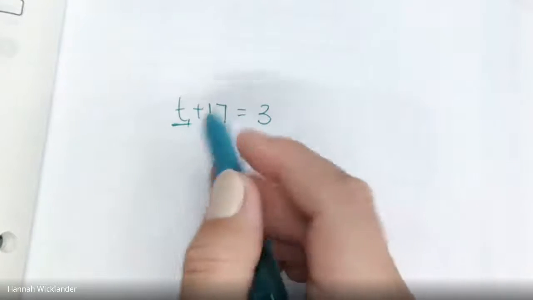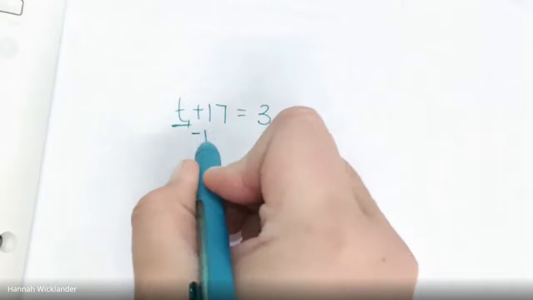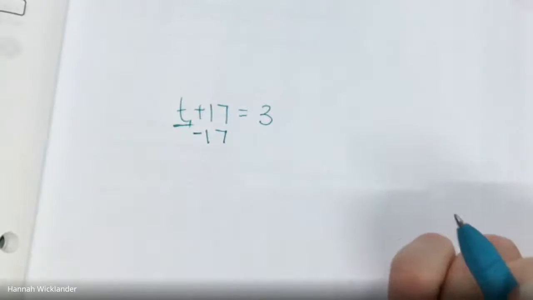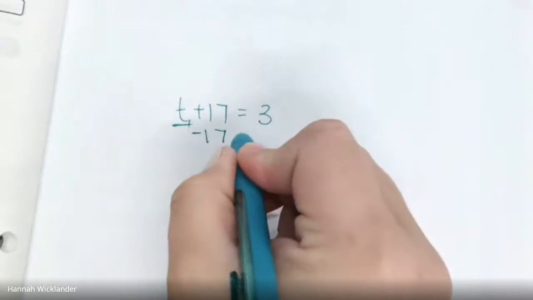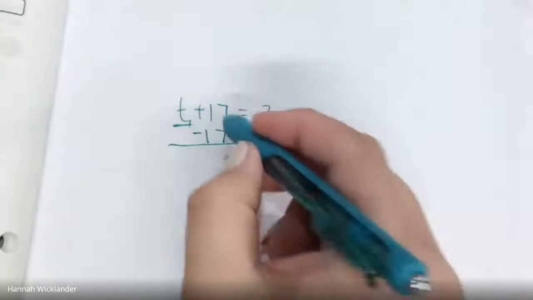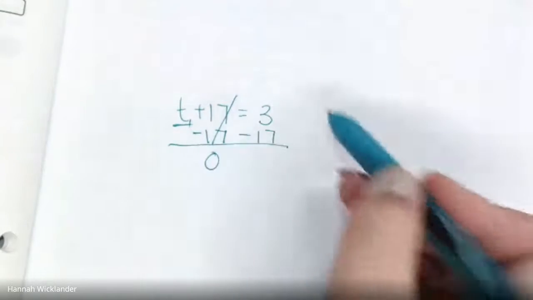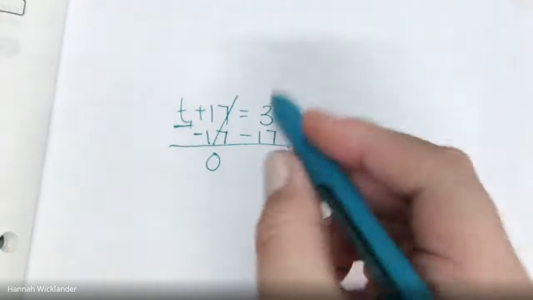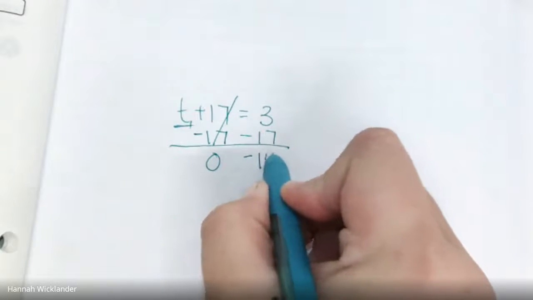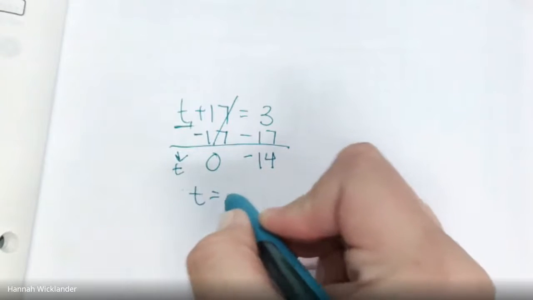So I'm going to do the inverse of 17, or of positive 17, which is negative 17. What I do to one side of the equation, I must do to the other. So I'm going to subtract 17 from both sides. A positive 17 and a negative 17 gives me 0. 3 minus 17 gives me negative 14. Bring down my t. T equals negative 14.